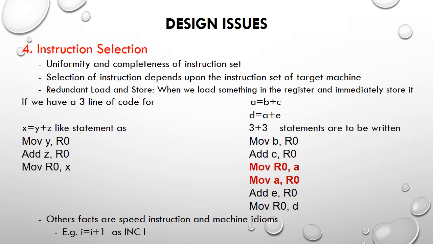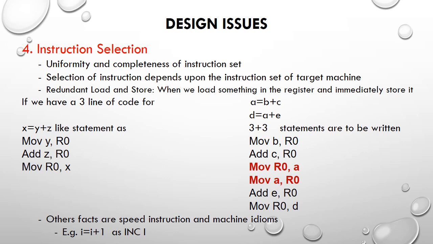We have also seen this in the property part, that the code generation phase will generate statements which will not be redundant. For example, if I have a statement of the kind x equals y plus z, this can be written as move y r0, meaning that y is transferred to the r0 register, and then add z to r0.